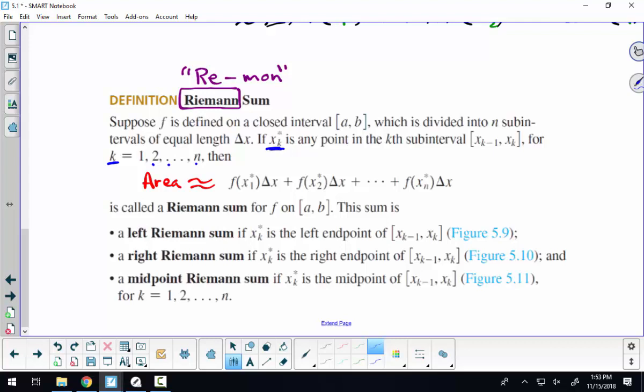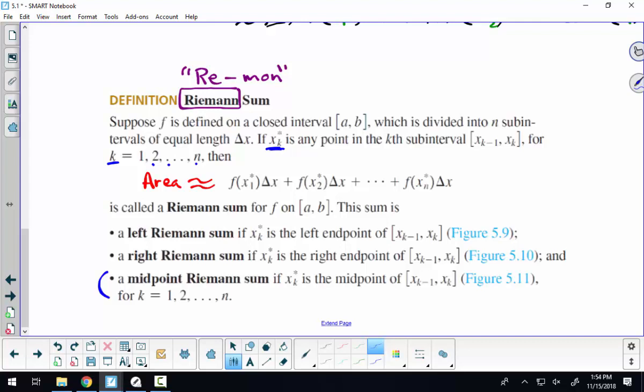So the midpoint here we used in our previous examples to compute the approximate area. But then we get a sense of these other two, the left Riemann sum and the right Riemann sum. The left Riemann sum simply says to evaluate the height of each rectangle, you take the left grid point and use that as the input into the function.